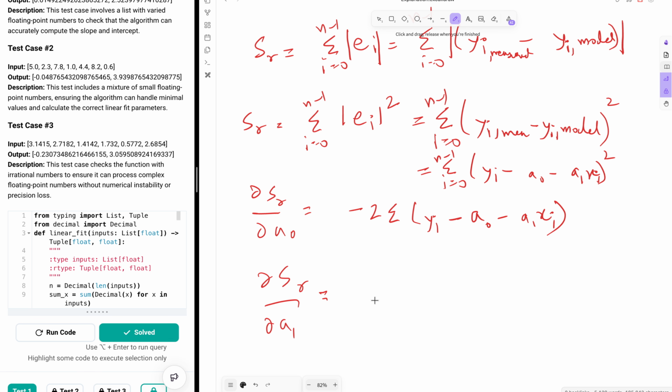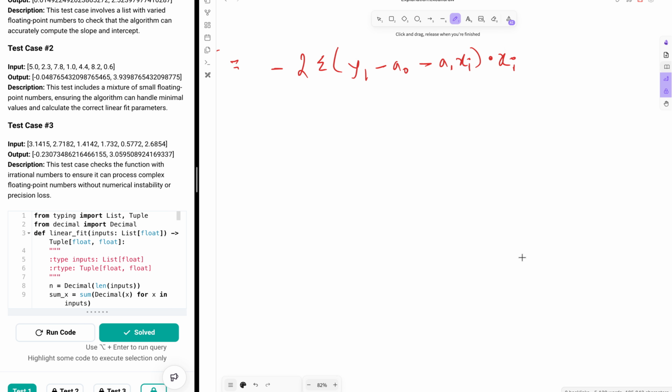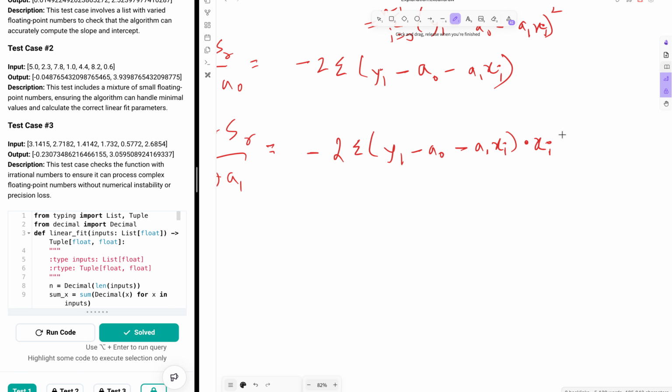And if I differentiate it with a_1, which is the slope, then we'll get minus 2 times summation of (y_i minus a_0 minus a_1 x_i) times x_i. Since we are differentiating with a_1, on the chain rule everything else becomes 0 except for x_i, so we have one more x_i. So let's name these equations 1 and 2.